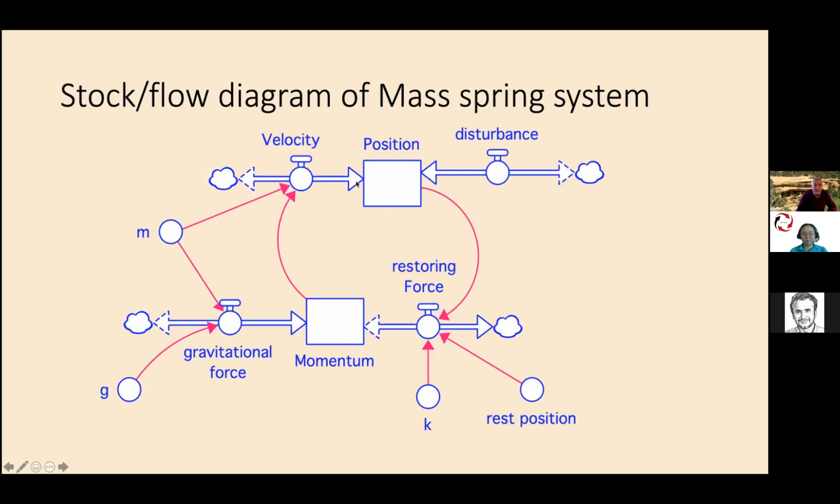Velocity changes that position, or an external disturbance can change that position. And the position, when compared with the rest position, will create a restoring force that affects momentum. At the same time, gravitational force affects that momentum, and momentum drives velocity.